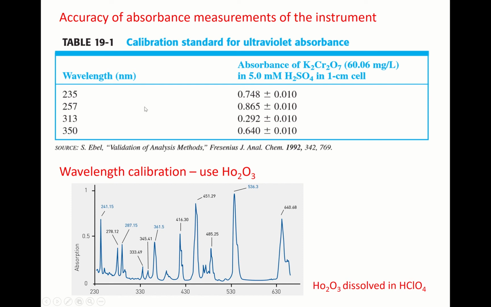But here this Table 1 shows the calibration standard for ultraviolet absorbance, as I said in the previous slide. Using potassium dichromate in 5 millimolar sulfuric acid in a 1 centimeter cell, at a wavelength of 235 nanometers, the absorbance should be 0.748.